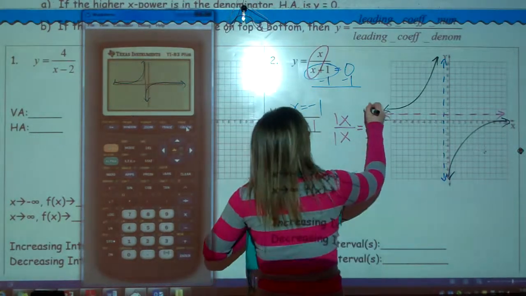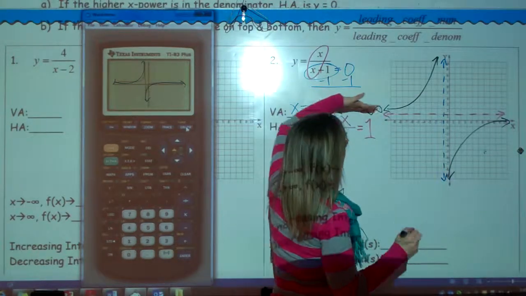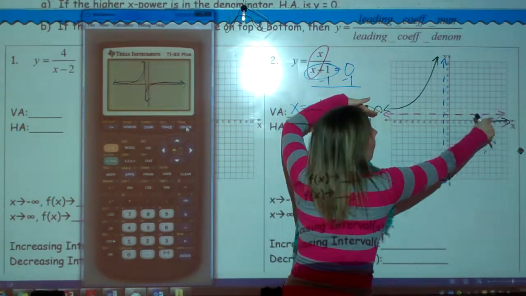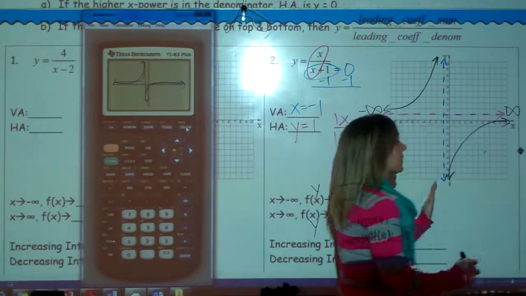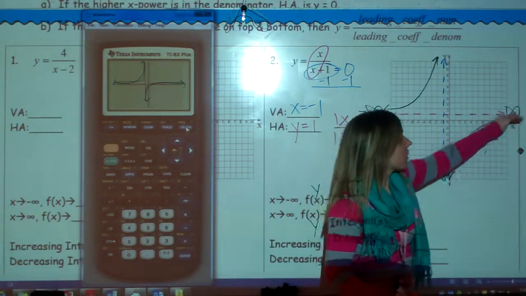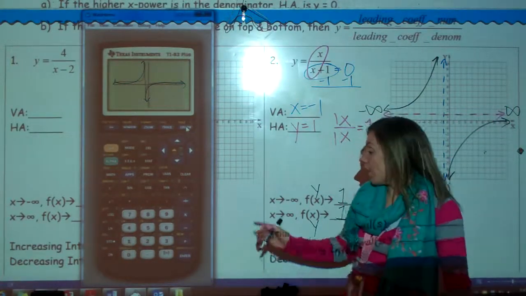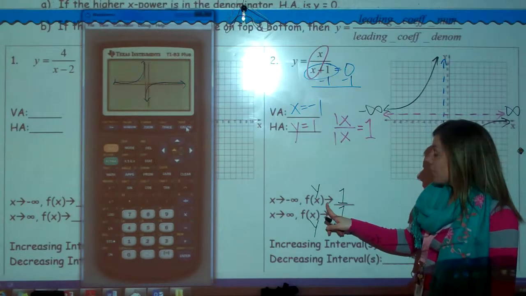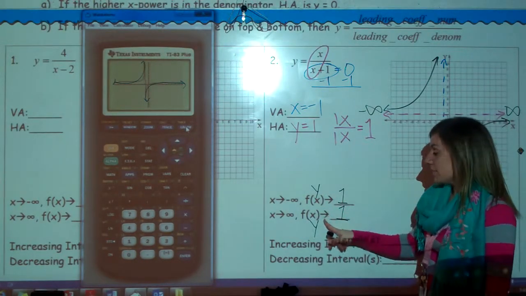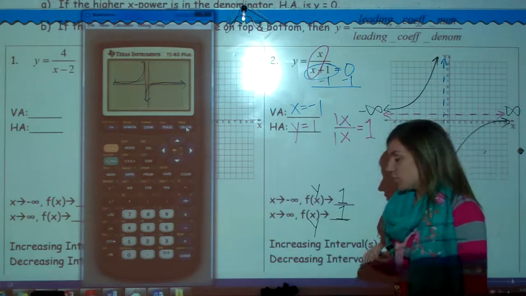As we go off to negative infinity, as we go off to the left, it's coming close to that y equals 1. And as we go off to positive infinity, as we go off to the right, this is curving up and it's coming close to that 1. So, as we go to the left, the function's approaching 1. As we go to the right, the function, or the y, is approaching 1 as well.